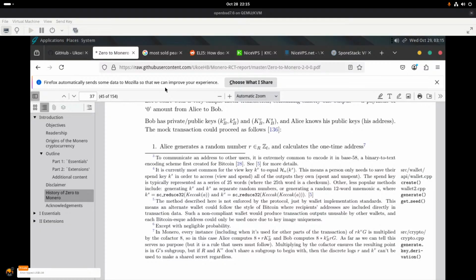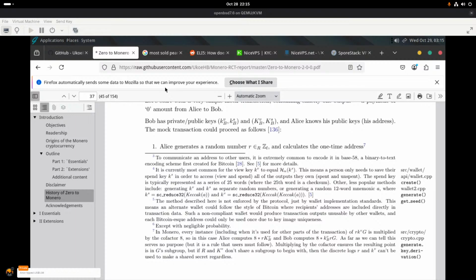The style of Bitcoin where recipient addresses are also included directly in the transaction data. A non-compliant wallet would produce transaction outputs unusable by other wallets, and each Bitcoin-style address could only be used once due to key image uniqueness, except with negligible probability.